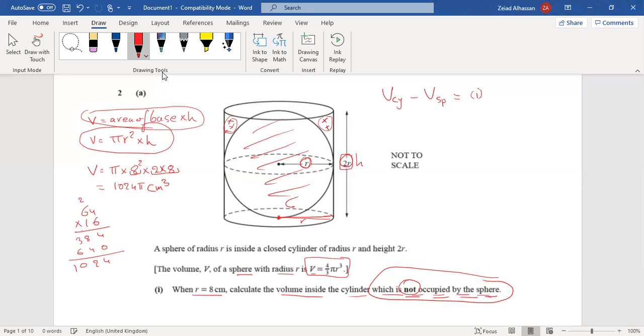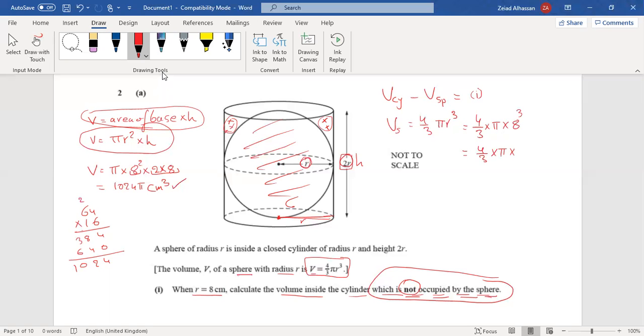I did the calculation for the volume of the cylinder. Now I need to calculate the volume of the sphere. The sphere is given as 4/3 pi r cubed, meaning 4/3 times pi times 8 cubed.